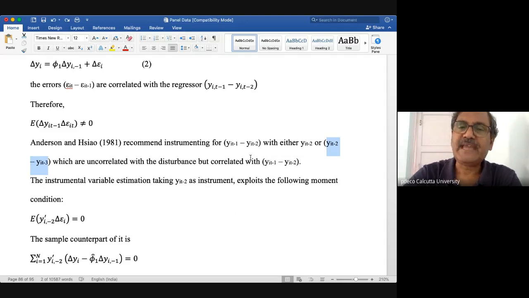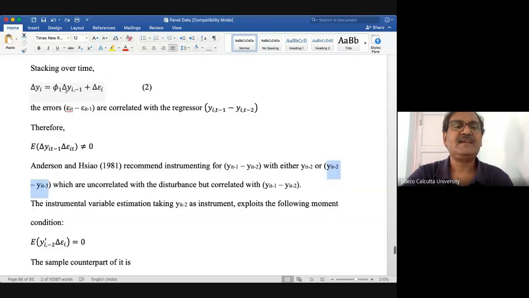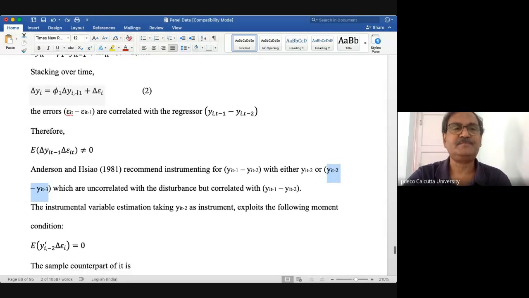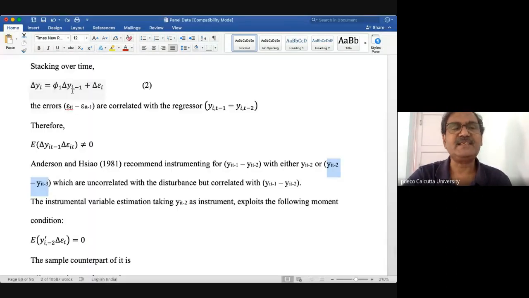If you take yit minus 2 in place of the regressors you have here, so what is your regressor? Delta yi minus 1, if you consider it in vector form. So in place of this regressor, you can use yi minus 2 in vector form.